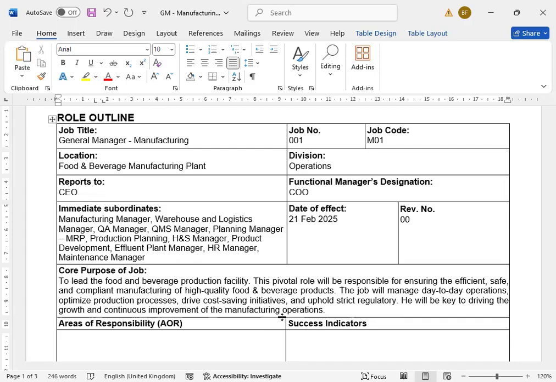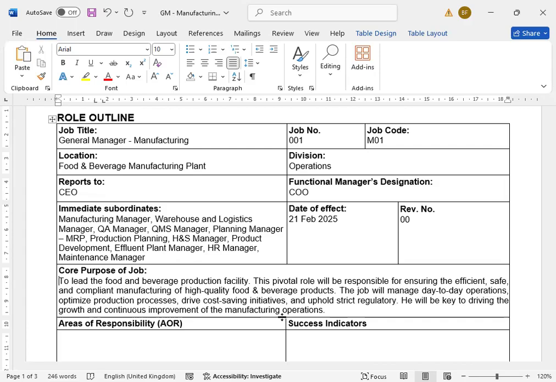This pivotal role will be responsible for ensuring efficient operations, safe and compliant manufacturing of high quality food and beverage products. The job will manage day-to-day operations, optimize production processes, drive cost-saving initiatives, and uphold strict regulatory standards. It will be key to driving the growth and continuous improvement of the manufacturing operations.